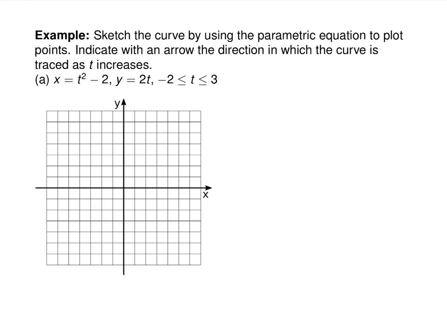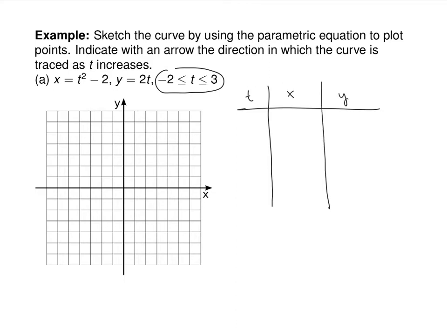All right, let's sketch a curve that is defined using parametric equations. And we're going to indicate with an arrow the direction in which the curve is traced as t increases. So I'm going to make a table of values. I have been told that t is between -2 and 3. So we'll have a t column, an x column, and a y column.